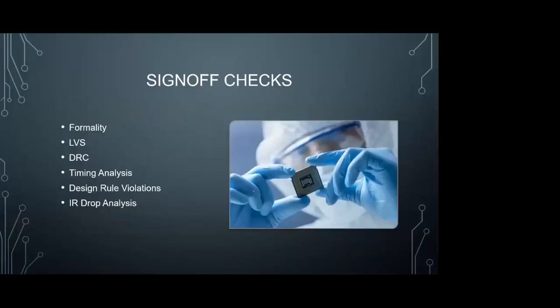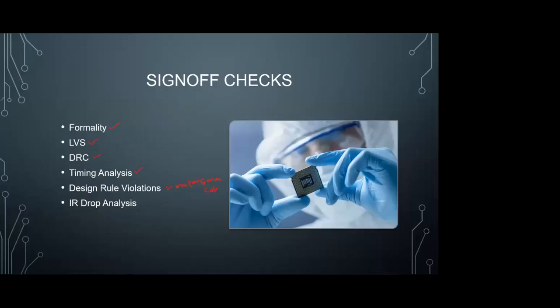And a very important thing, the sign off checks. Till here we call it PNR, place and route. Once this is done, we will do formality check, LVS, layout versus schematic, DRCs, timing analysis, and DRVs like maxtran and maxcap.